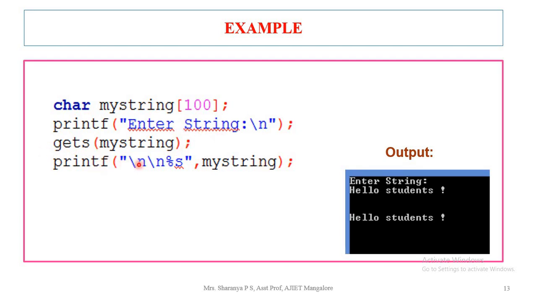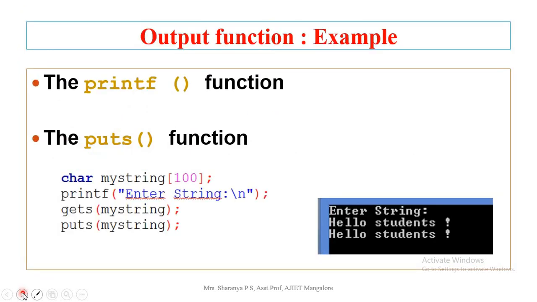And with printf, we are printing the entire string which was read by gets. This is how we can use gets and puts functions to read and display the strings.